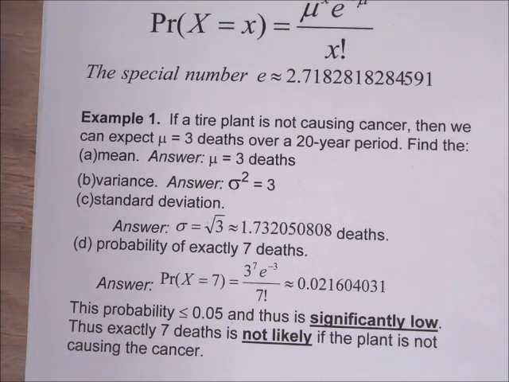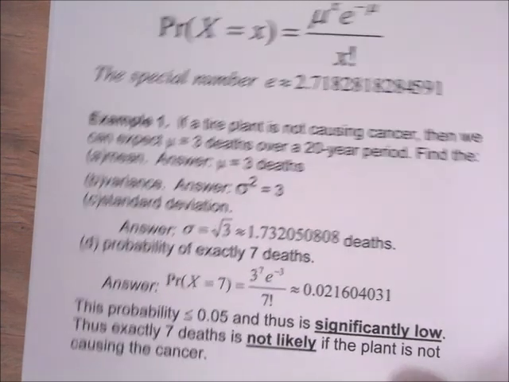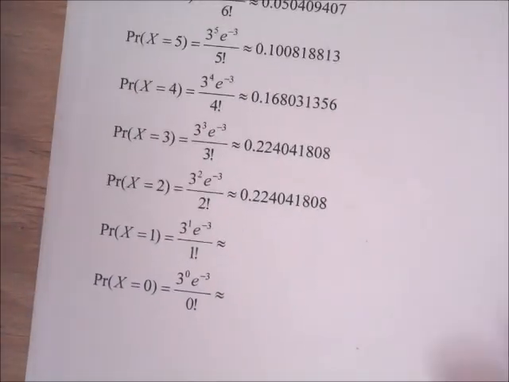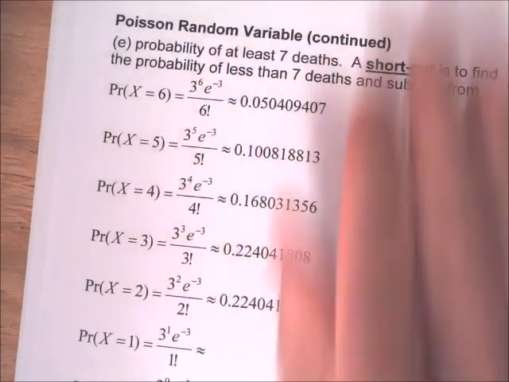And so then you compute a probability. What if the plant is not causing the deaths? What would the likelihood be of getting that many deaths? And the answer in this case is not very likely.